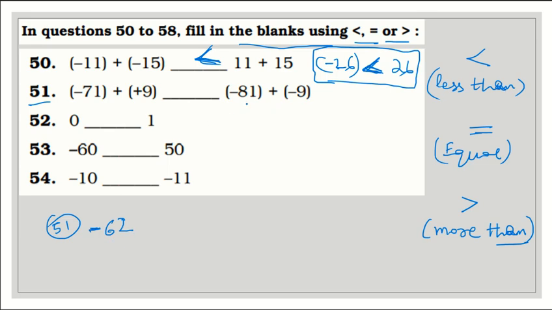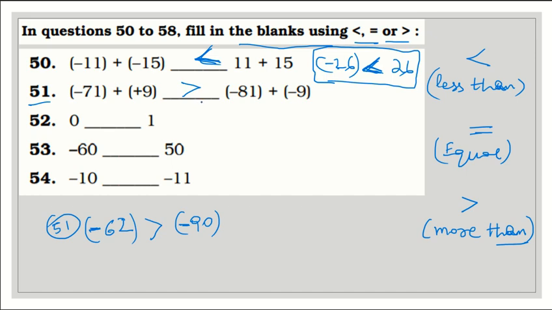On this side I have both negative integers, their sum is done without considering their sign. After that, minus is placed. So now you know both the values on the left hand side and the right hand side. Now amongst them, which is bigger? Minus 62 is bigger. So which is the appropriate symbol I have to place? Minus 62 more than minus 90. So this is the appropriate symbol.